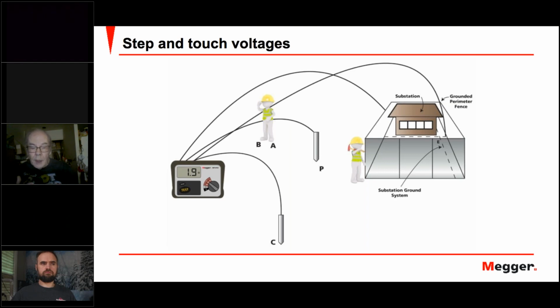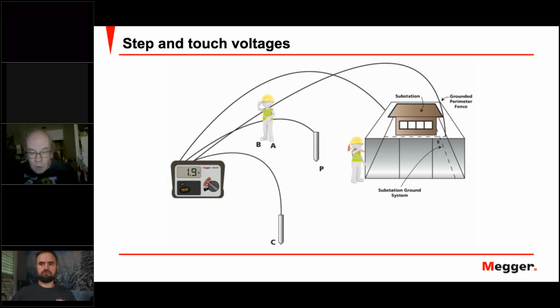Step potential would be across the distance of a typical human step, so that you don't develop a voltage gradient between your feet and become shocked if you're walking past. And then touch potential, of course, would be if you touch the fence.